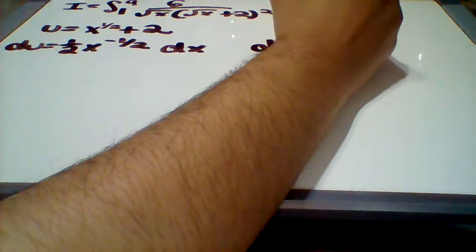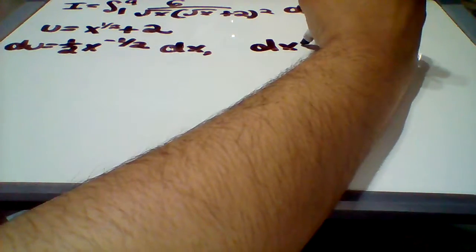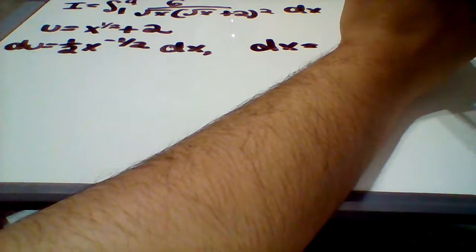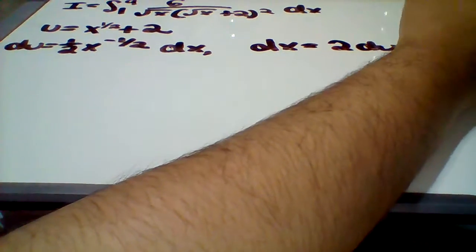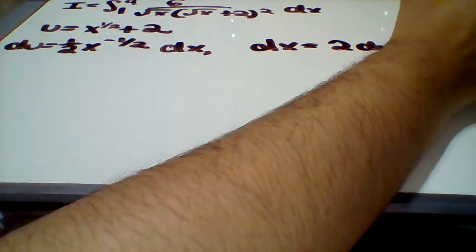And because there's a dx in the problem, I'm going to solve for dx. And I'm going to get 2 du times x to the 1/2.